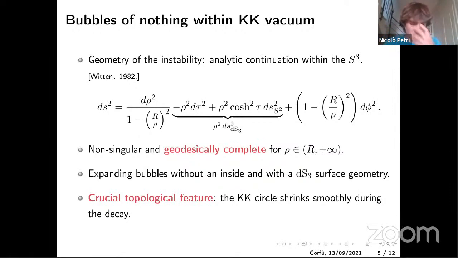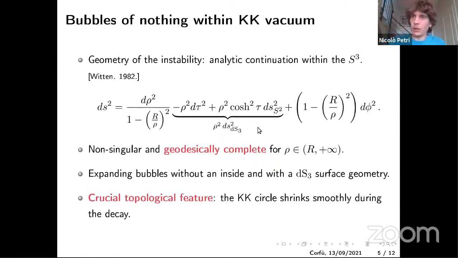So what we obtain is basically a background, a geometry in 5 dimensions, in which there is a probability, a quantum probability, that at a given point and at a given time, a bubble appears. And the geometry of the surface of this bubble is actually described by this de Sitter geometry.